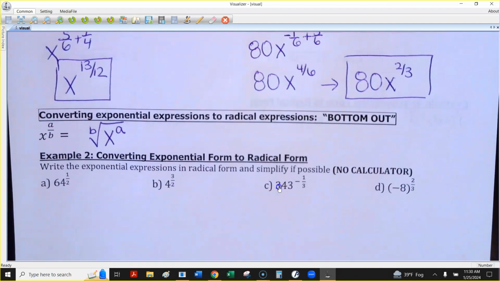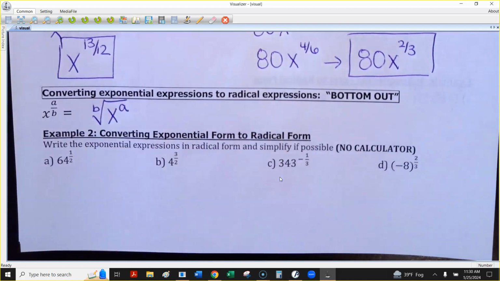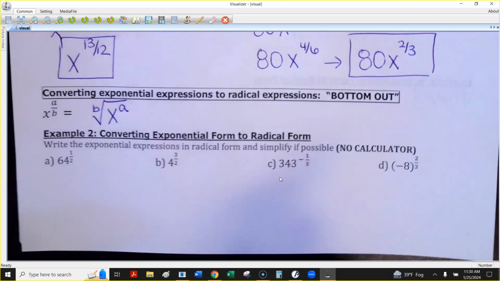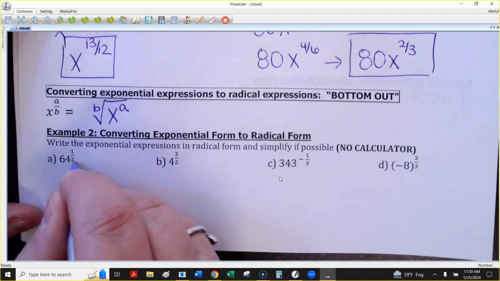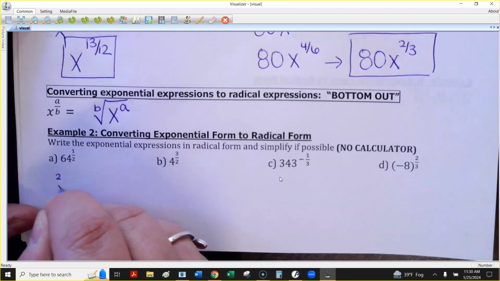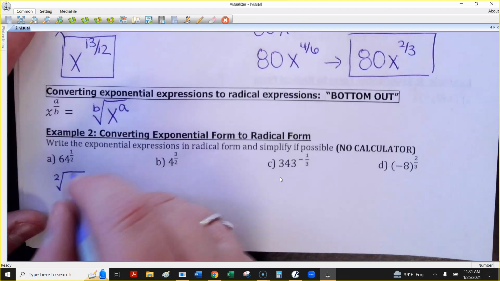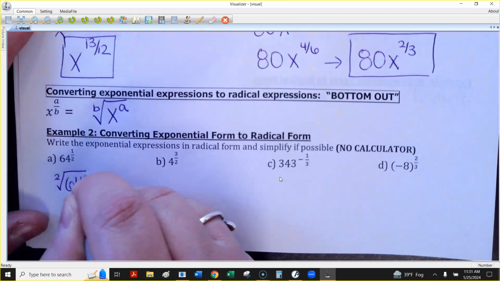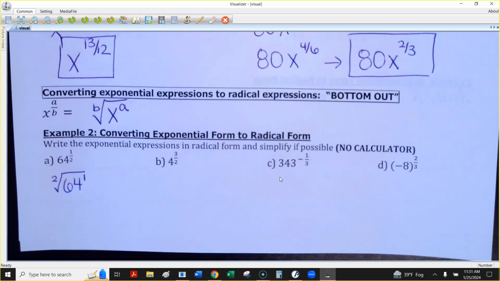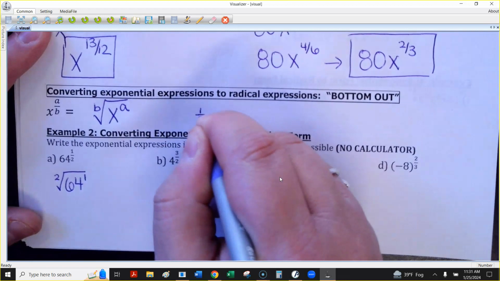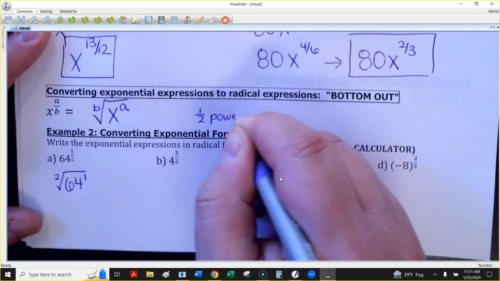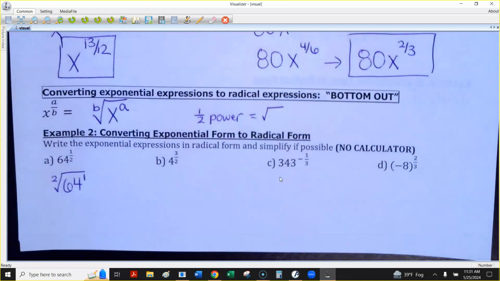Okay, so here's how this works. If I just do a number here, the 1/2 power, right? This would be bottom out, this would be the square root, which we really don't need to write, the square root of 64, but I'm going to here. So this would be the square root of 64 to the first. In that situation, I will tell you the 1/2 power is just equal to a plain square root.